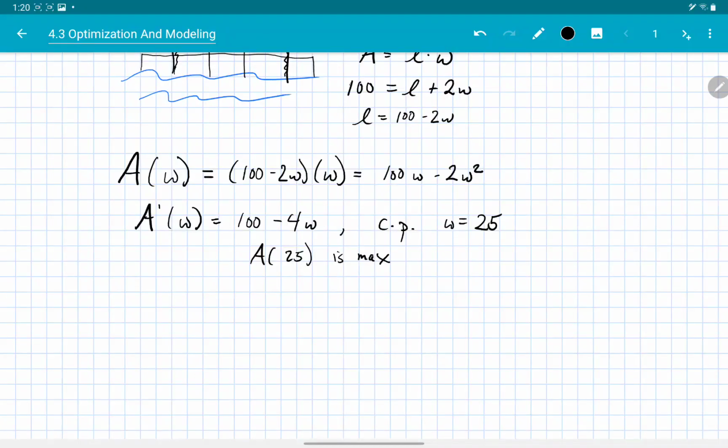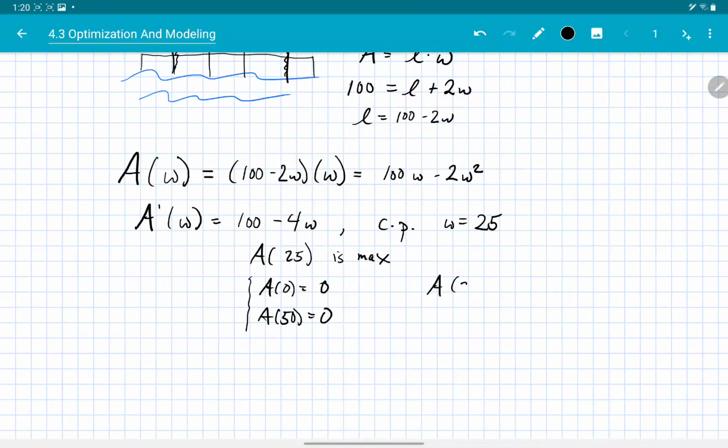Why do I know it's the max? Well, A at 0 is equal to 0, and A at 50 is equal to 0. These are both fences with no area, right? If you use all your fence for length or all your fence for width, you're going to enclose no area. So this must be a max.